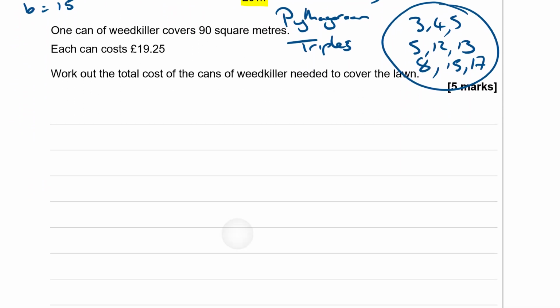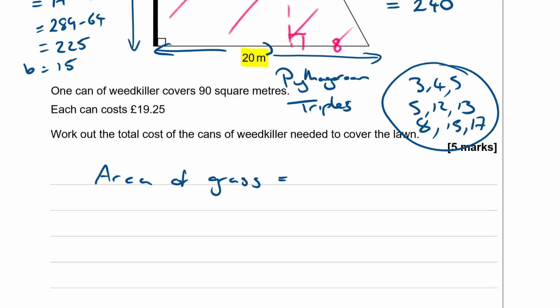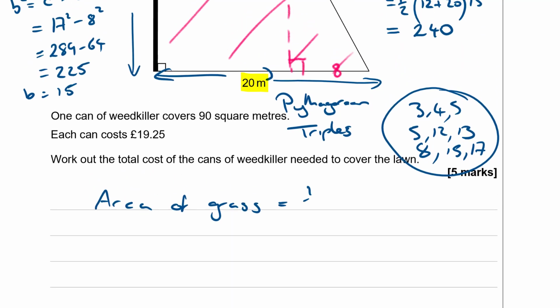So the area of grass that we need to treat, we've just worked out, is a half of 12 plus 20 lots of 15, which was 240 square meters.